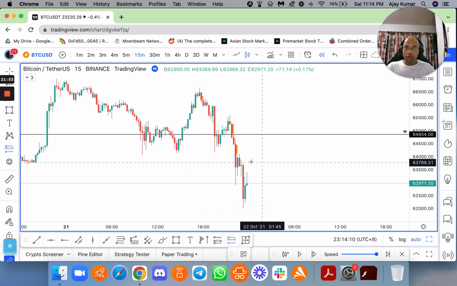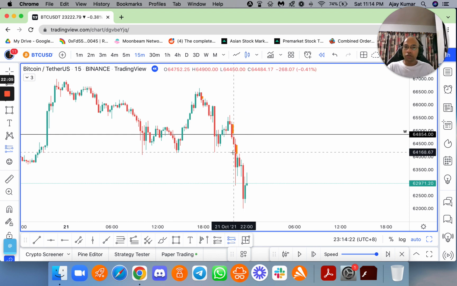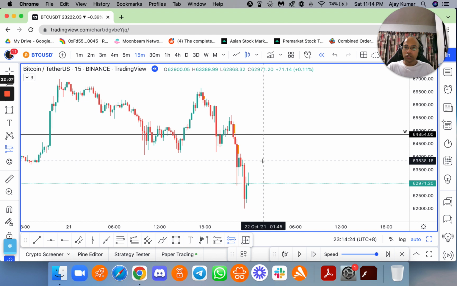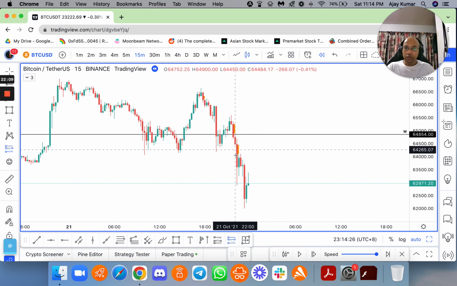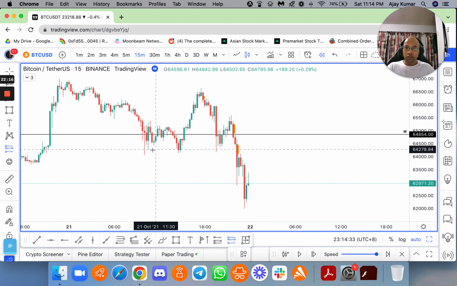I would enter a shot here. Actually, if we had paid more attention and not come onto the 15-minute chart earlier, we could have shorted here, when this candlestick breached these lows.